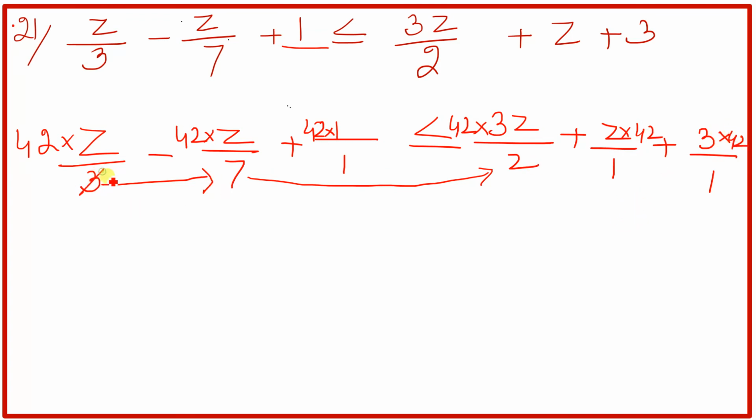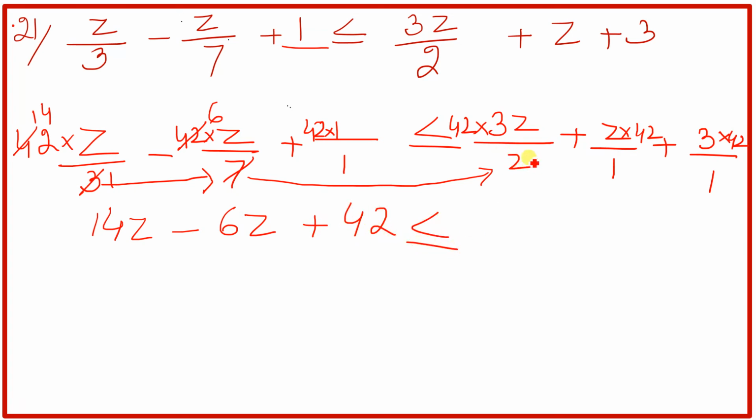Right, here 3 1 time 3, 3 1 time 14, here is 14z minus 7 1 time 7, 6 times, so 6z. You can check that we have all 1 in the denominator. This 2 1 time 3, 63z plus 42z plus 3 2 times 6 and 3 4 times 12, so 126.